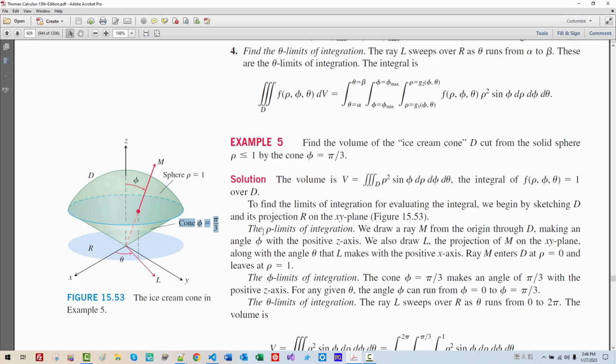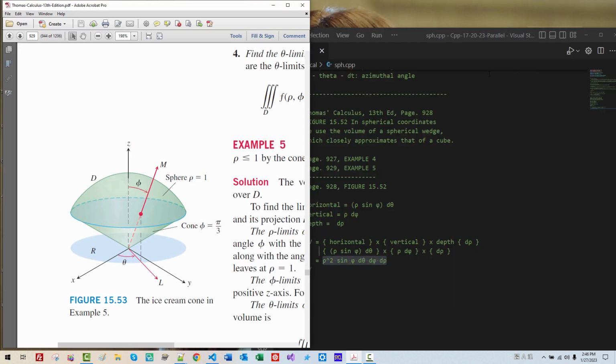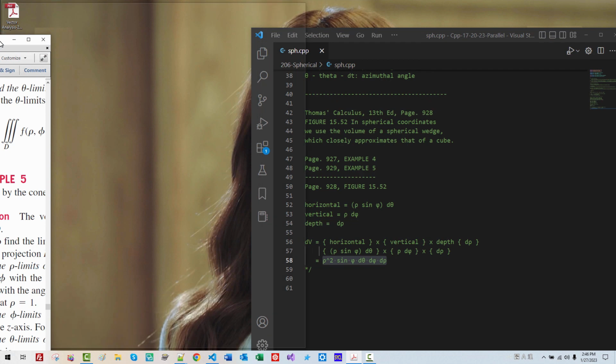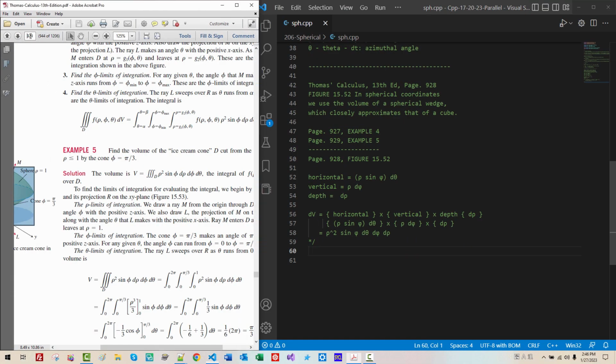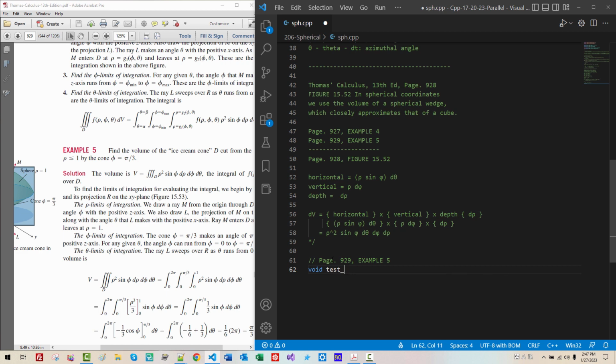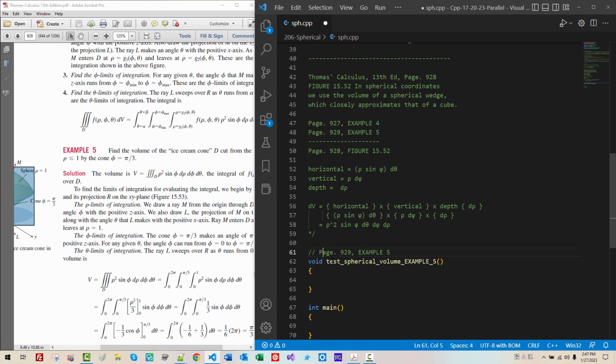This is the cone. Now I will arrange. This is page 929, example 5. Void test spherical volume example 5. Int main, copy the function name, paste it in function main.